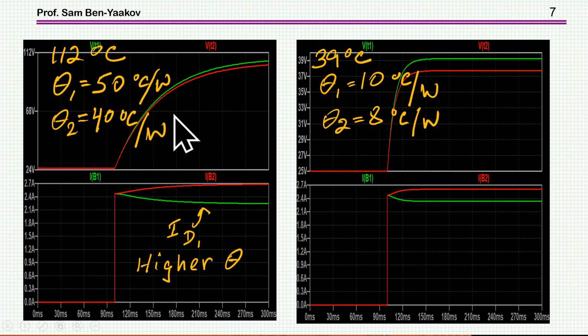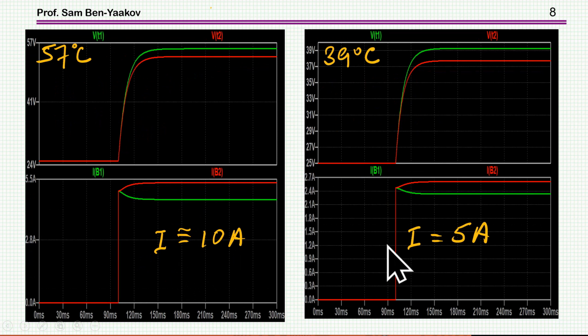Now, if I change the situation, like I'm increasing the thermal resistance, like this is 50 and this is 40 rather than 10 and 8, you see that there is a bigger spread here, and again, it's the same phenomenon as before. Now, if I'm changing the current, then of course, again, for a given situation, higher current, higher temperature of the diode, but in all, it kind of looks similar.